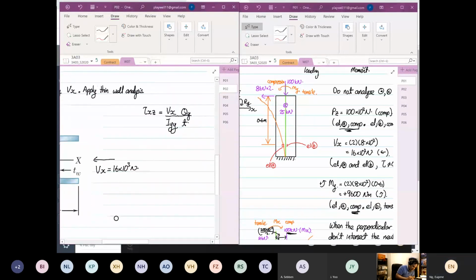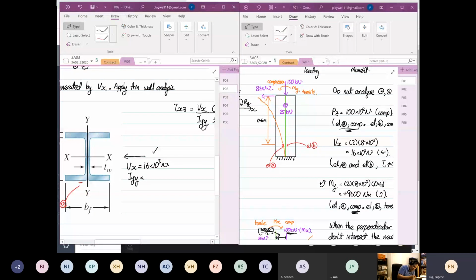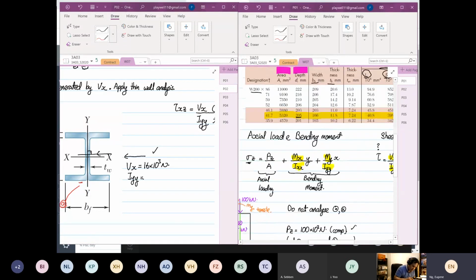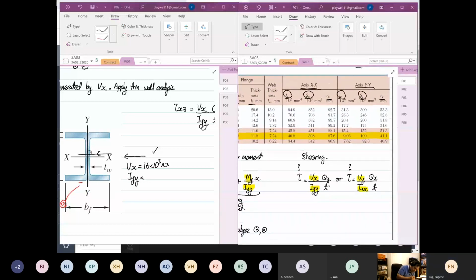So Vx we know. Iyy, because the shear force is acting perpendicular to this axis, so it's about the y-axis, so you look at Iyy. Our Iyy value is equal to 9.03 times 10 to the power minus 6 meter to the power 4.